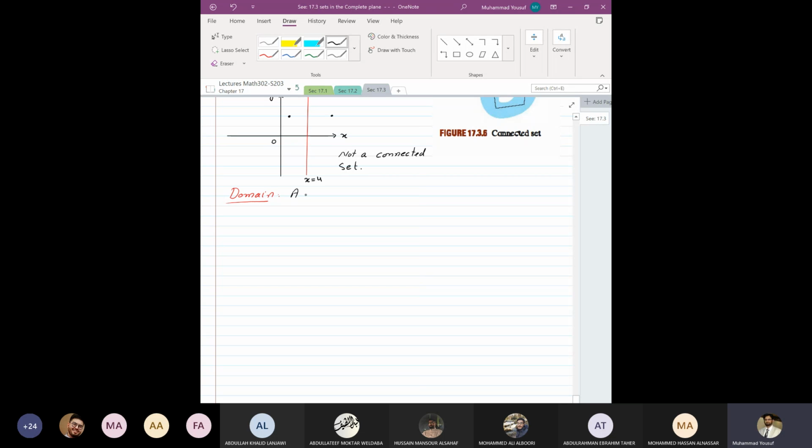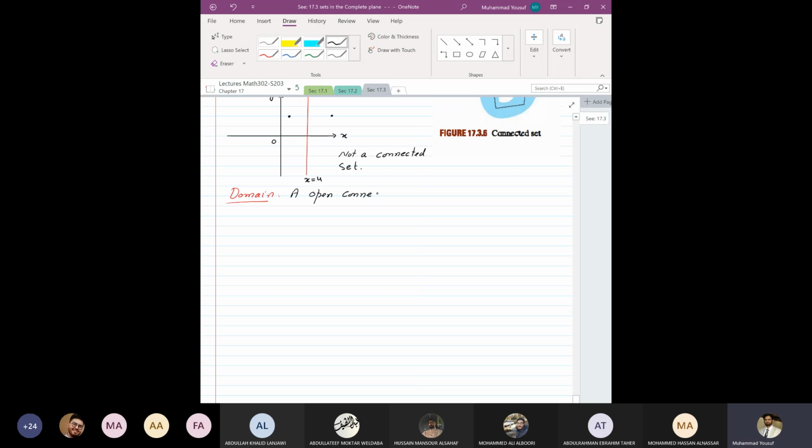An open connected set is called a domain. Maybe domain of some function, we will see it later.